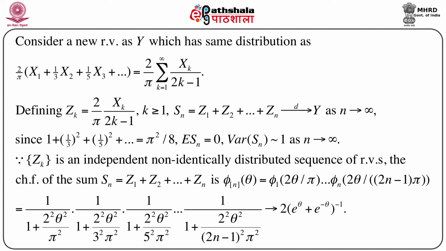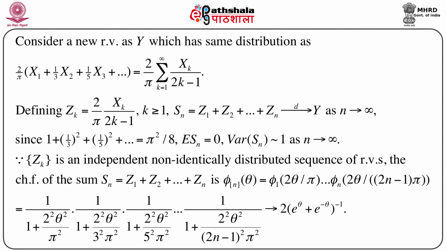Since they are independent, we can easily calculate the characteristic function of Sn, which we denote by φ_n(θ), equal to φ1(2θ/π) up to φn(2θ/((2n−1)π)).